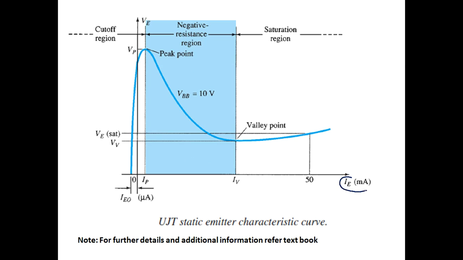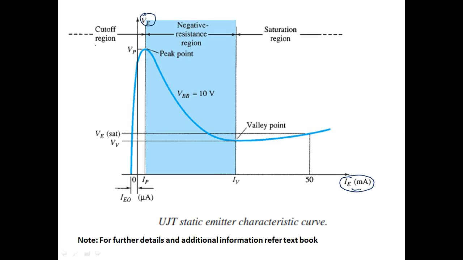This is the current, please don't confuse it as voltage, and this is the emitter voltage. If you are getting confused, you can just interchange the parameters. I don't know why the author has put up the graph like this. It should have been the other way, but anyhow, no problem.